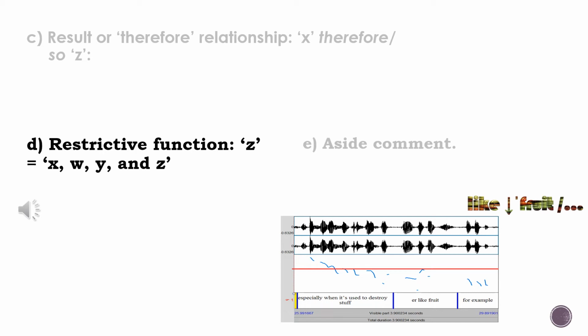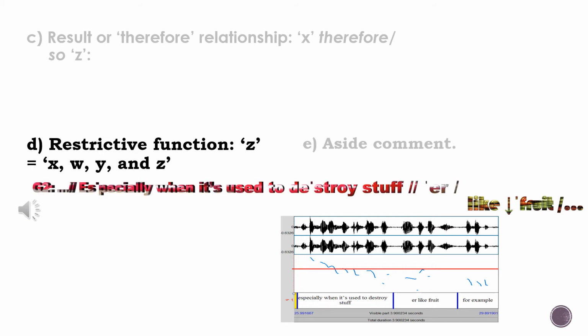So this is called the restrictive function, as it says there. So how is that expressed? Well, we will have a general idea in the first tone unit that is going to be exemplified there, made more specific or restricted in the second tone unit. So we're going to listen to the example now.